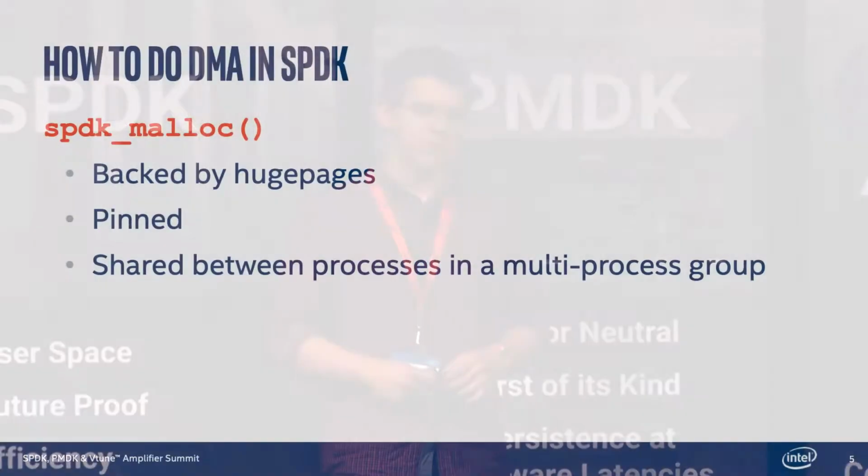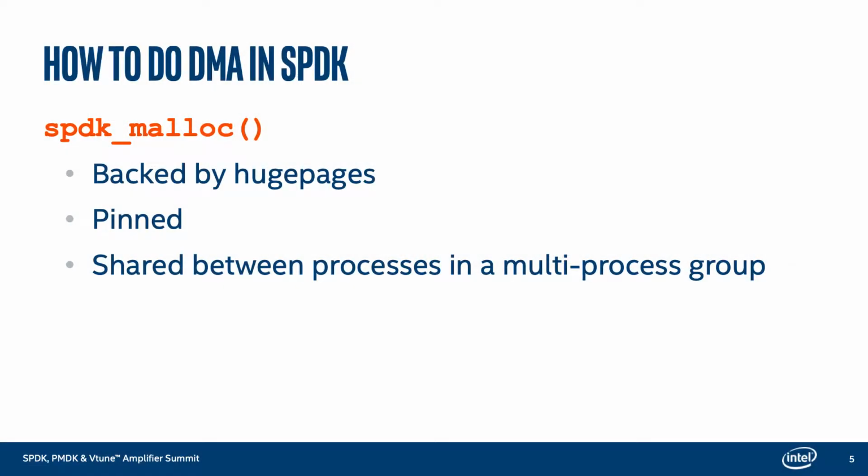And that's totally fine, unless we want to do DMA on peripheral devices like PCI NVMe. So PCI NVMe devices talk to the memory bus. They're using physical addresses directly. They don't have anything like a memory management unit.